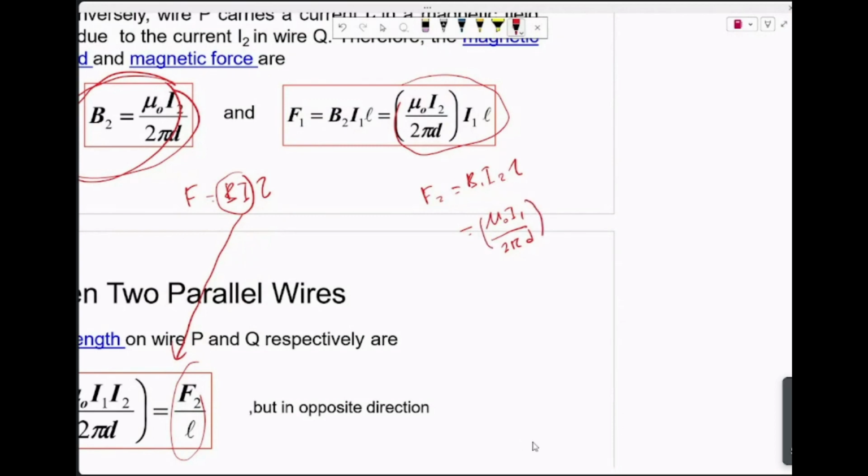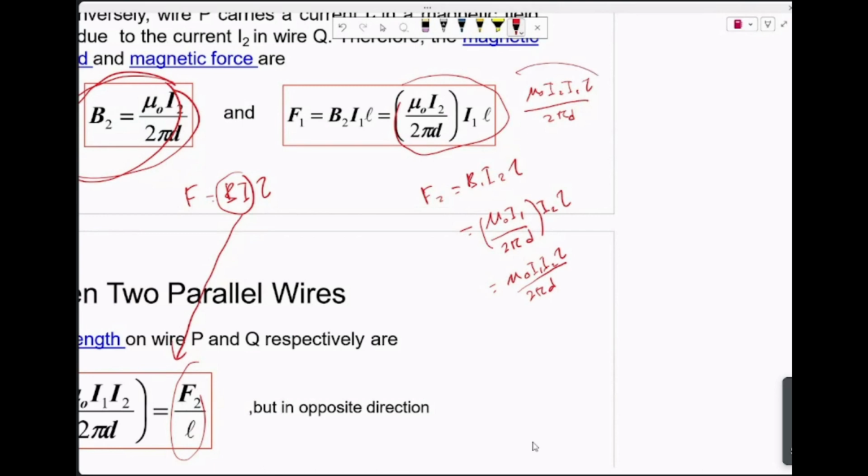And then we have this I2 L. If I put everything together, this is mu naught I2 I1 L over 2 pi D. As for this one, mu naught I1 I2 L over 2 pi D as well.